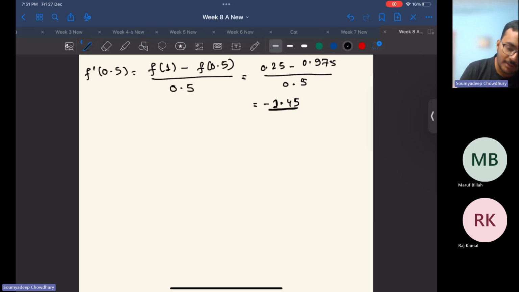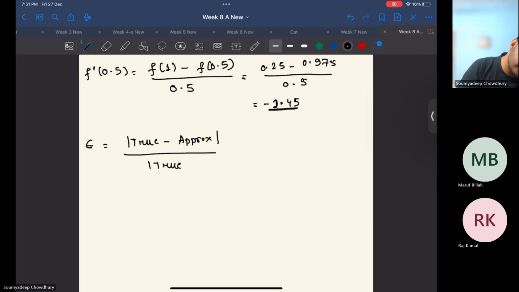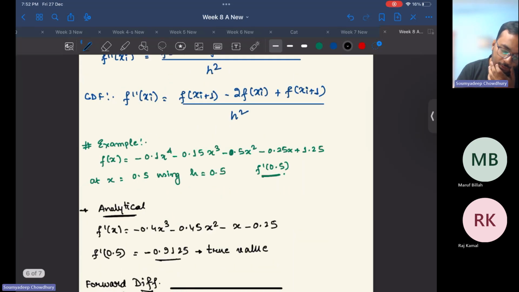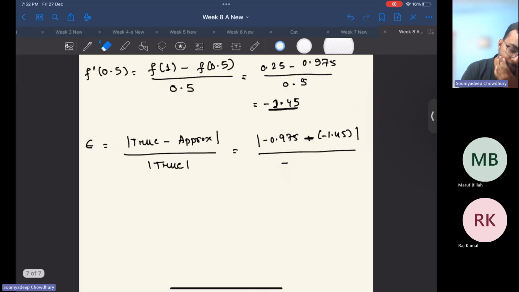Okay. So now what is the error here? Error is the true value minus approximate value upon true value. So it is minus 0.975 plus, that is minus of minus 1.45, upon the true value, which is 0.9125.